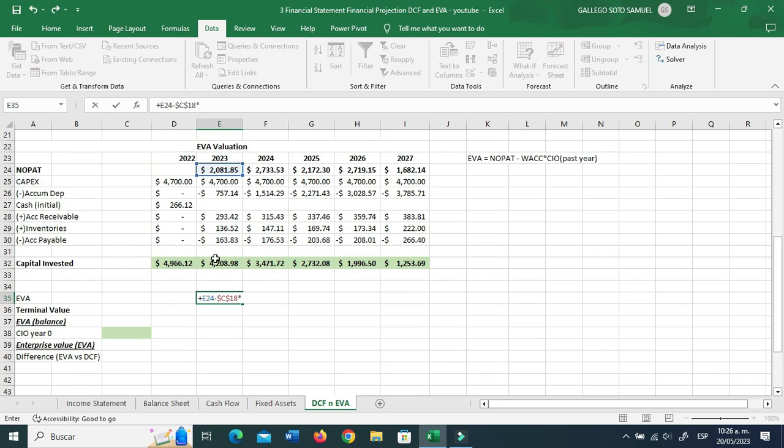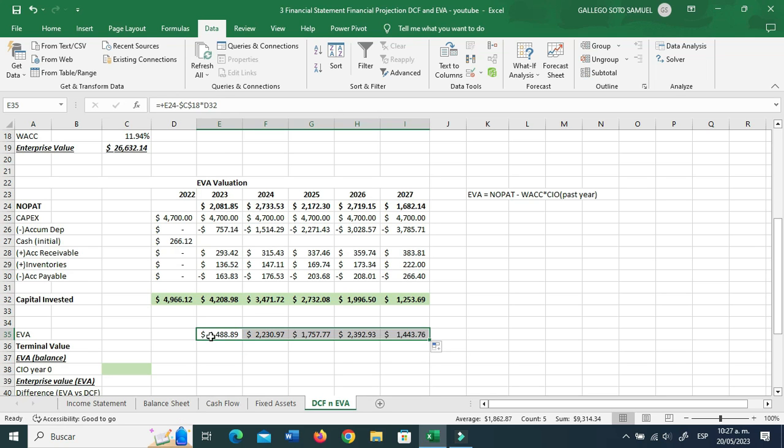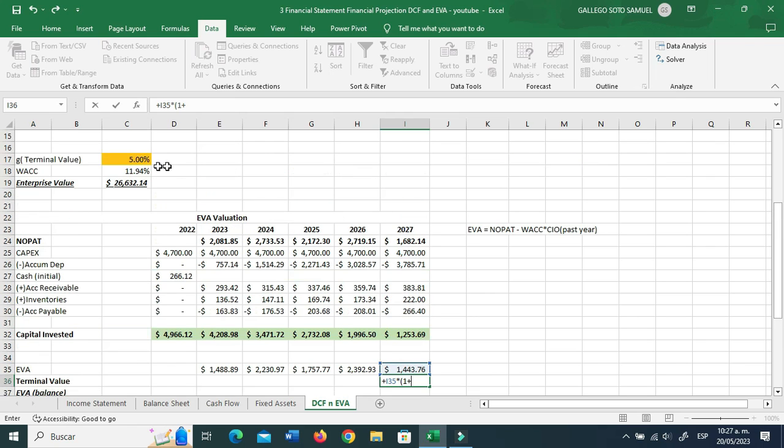And then we're going to follow this equation over here to get the economic value added, and that is your net operating profit after taxes minus your WACC, F4, times the past capital invested on the operation. And you drag it to the right, and we do it all over again because it does have terminal value too.